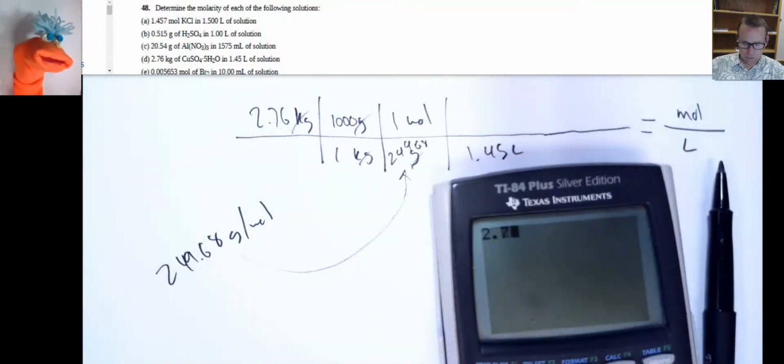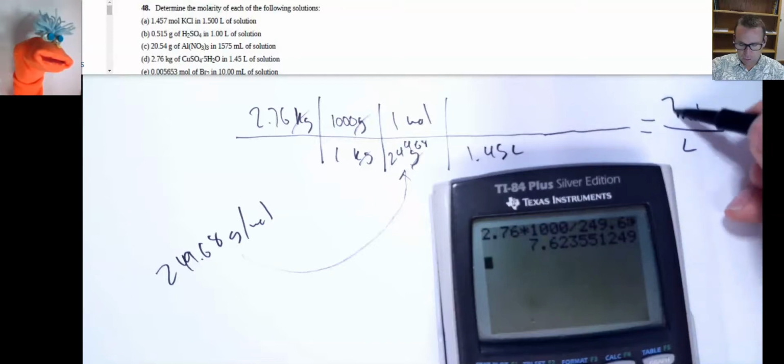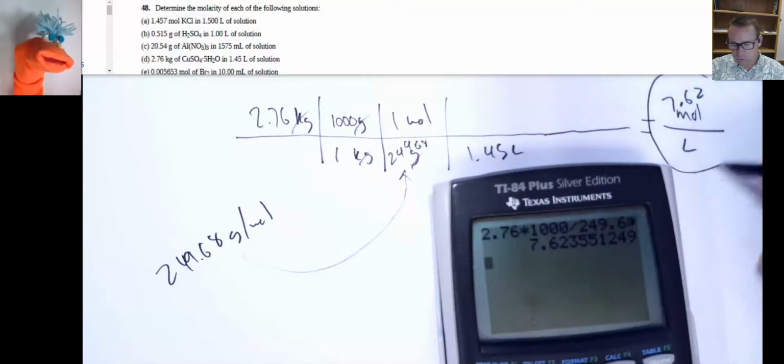So 2.76 times 1,000 divided by 249.68 divided by 1.45. So 7.62 molar copper sulfate pentahydrate.